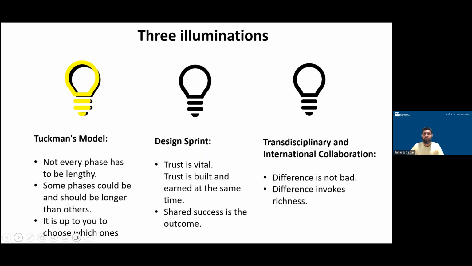Finally, we would say we have 3 key takeaways, or 3 key illuminations, from our experiences. The first one was our Tuckman's model. In this, we realized that any model is not sequential, and there were moments that we reverted back to storming, especially when confronted with a dead end to some of our thinking or to some feedback that called out things we hadn't thought of.